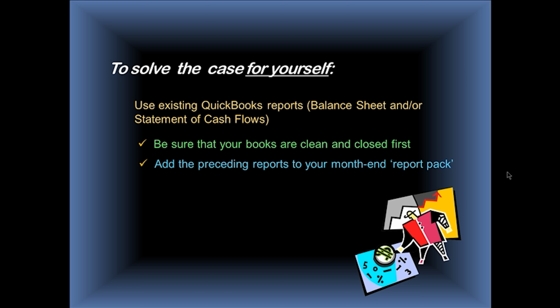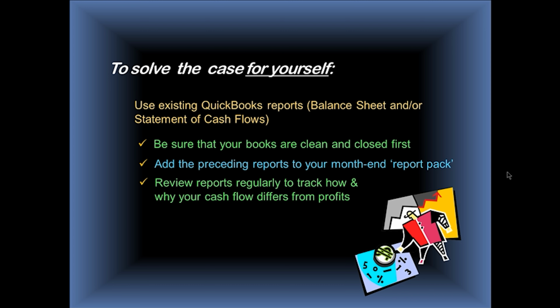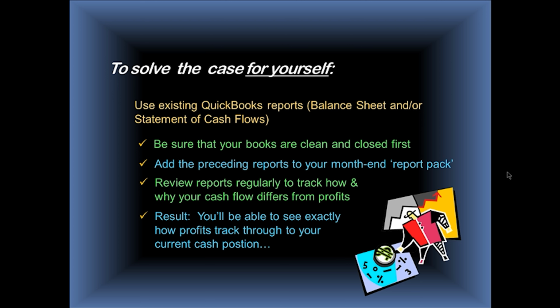You want to add these reports to your month-end report package, and then of course take a look at them regularly to track how and why your ending cash balance is different from your profits. And as a result, you'll be able to see exactly how your profits track through to your current cash position, which of course is what is kind of puzzling to people when they look at their reports and they look at their cash.